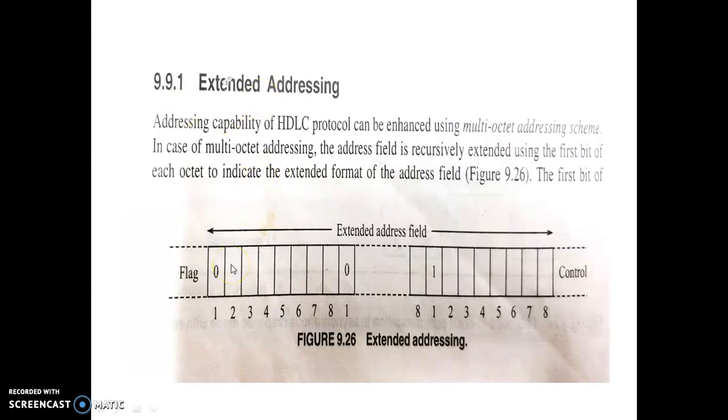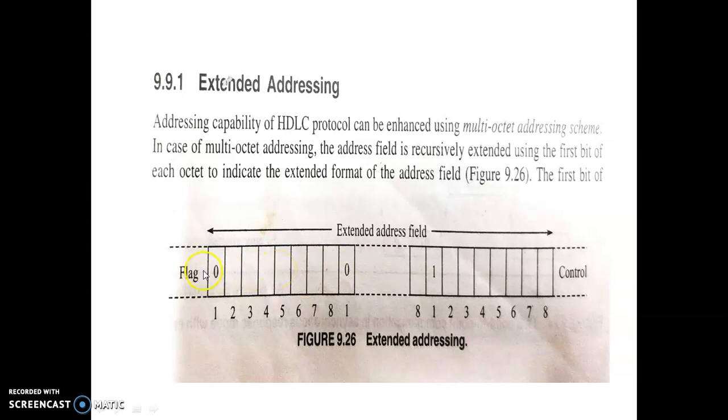Okay, the addressing capability of HDLC can be enhanced using a technique called multi-octet addressing scheme. In this addressing scheme, the address field, this is the address field, is recursively extended using the first bit of each octet to indicate the extended format of the address field.